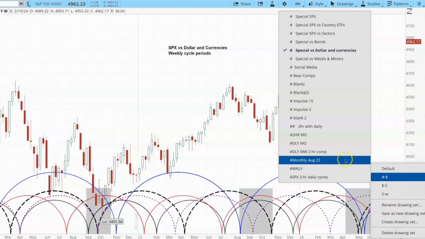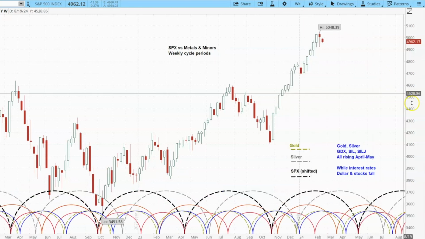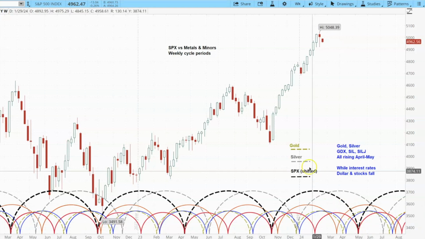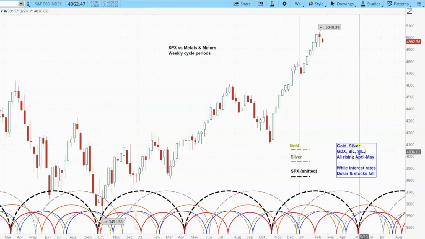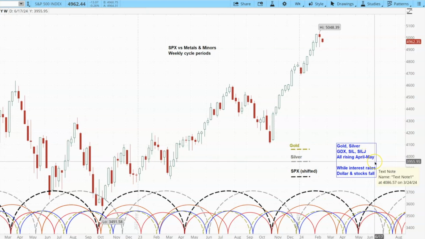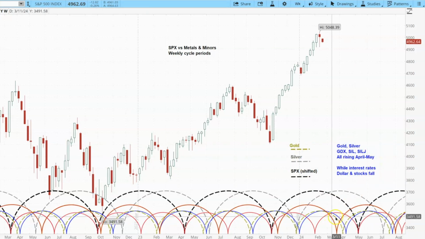So let's take a look here as I look at the metals and miners, and you can see right over here during this period into April and May where the stock market is falling right there. You can see that I have gold, silver, and then I also have GDX, SIL, SILJ. And you can see in here that there's a time frame where this right over here is the SILJ, the junior silver miners, moving up during that time period.